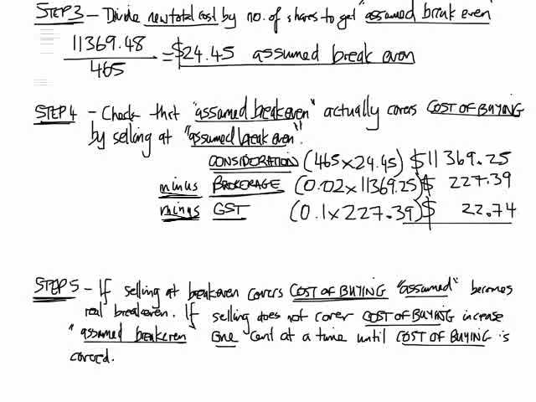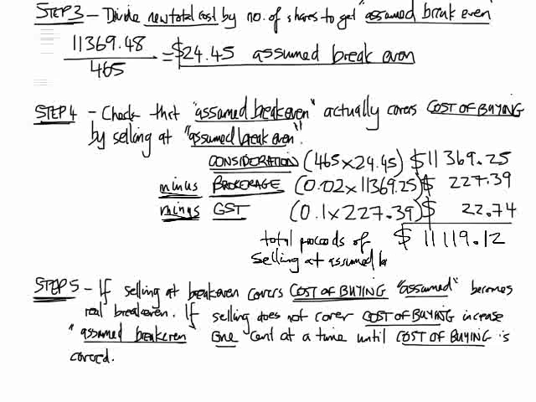So it's going to be 11369.25 minus the brokerage of 227.39 minus the GST of $22.74, and you get a total proceeds of $11,119.12. So we'll call that the total proceeds of selling at assumed break even.